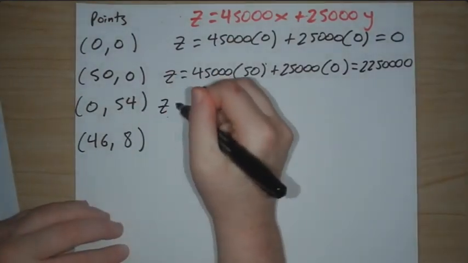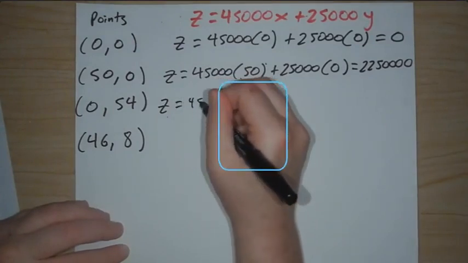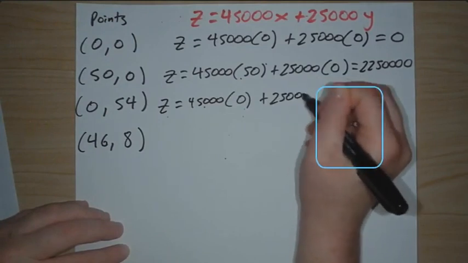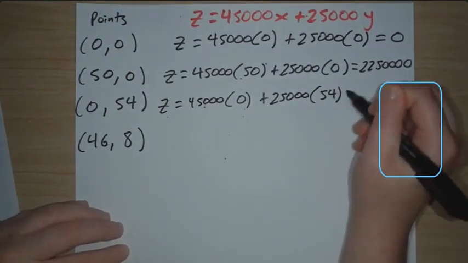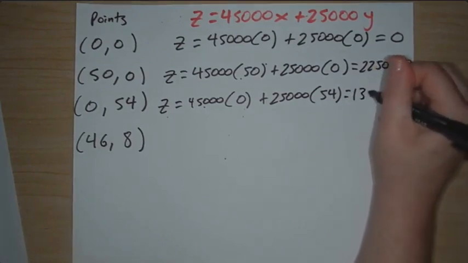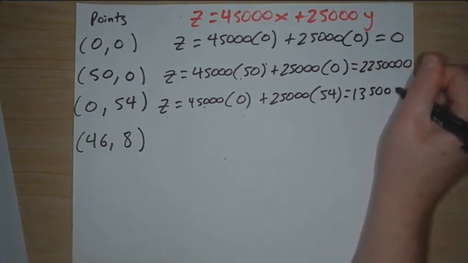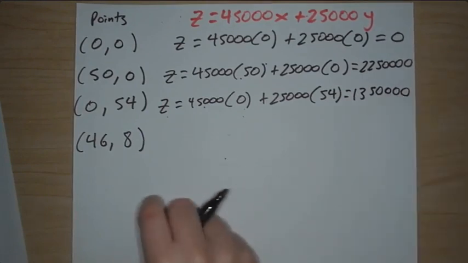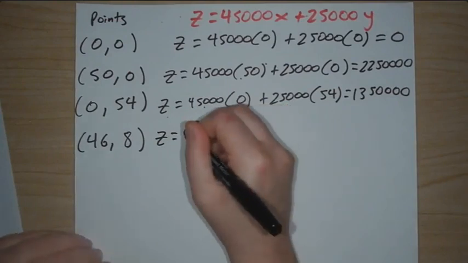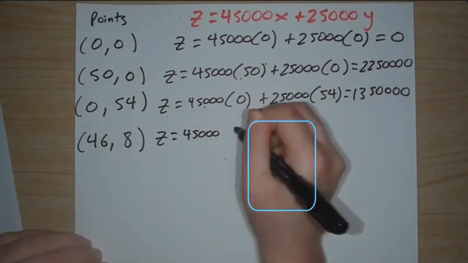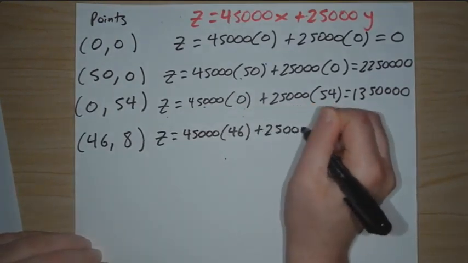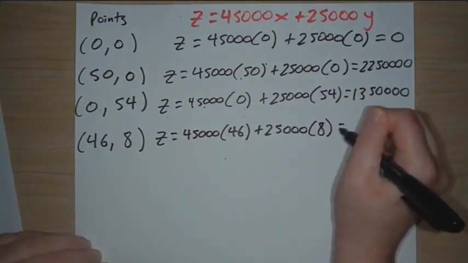For our next point, we have z is equal to 45,000 times 0 plus 25,000 times 54. And that will be equal to 135,000. For our last point here, we have z is equal to 45,000 times 46 plus 25,000 times 8.